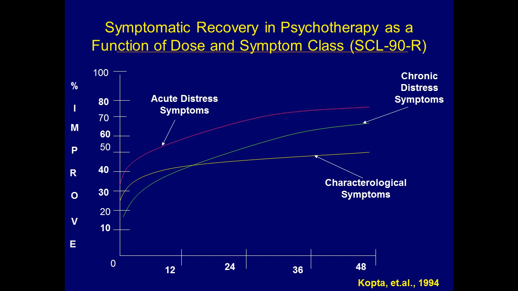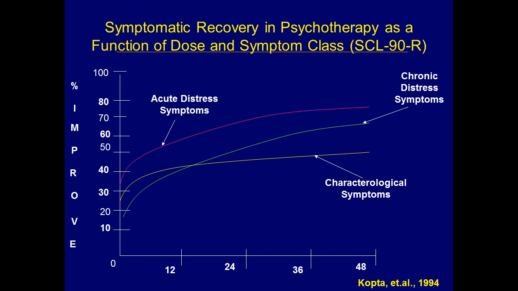Now, the distinctions into acute, chronic, and characterologic symptoms were made by the investigators, and I would not venture a guess that I would agree with them on the assignments of all these symptoms. But nonetheless, they did.